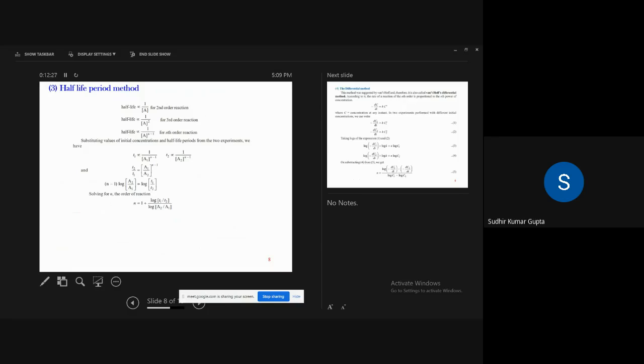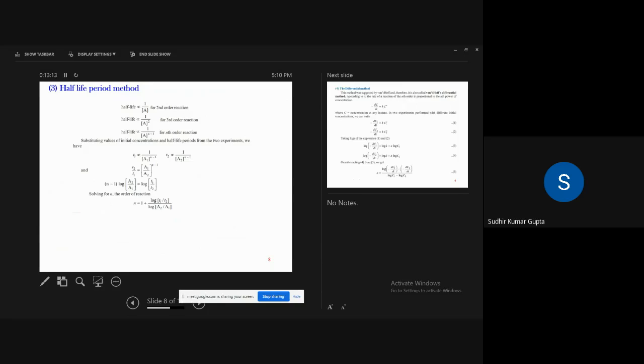Similarly, if we change the initial concentration from a1 to a2, then the half-life t2 will be proportional to 1 upon a2 to the power n minus 1. So t2 by t1 will be equal to a1 upon a2 to the power n minus 1. If we take the log, then we get log of t2 by t1 equal to n minus 1 times log of a1 by a2.